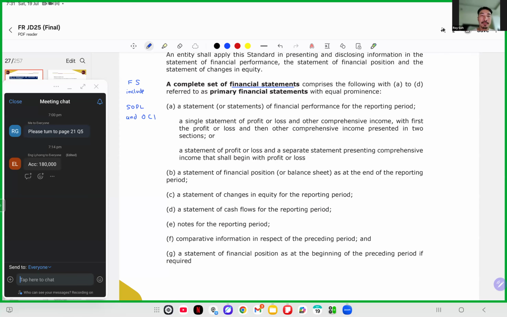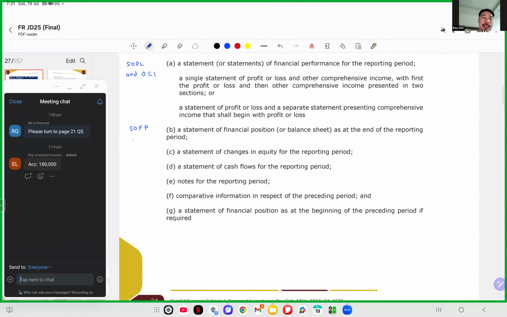Point B includes your statement of financial position, which is called the balance sheet. In IAS 1 they removed the name balance sheet, but it is not wrong to still call it balance sheet. In C, statement of changes in equity, statement of cash flow.